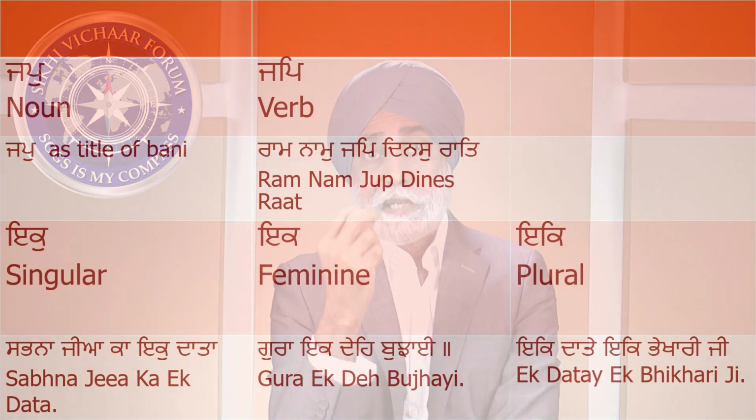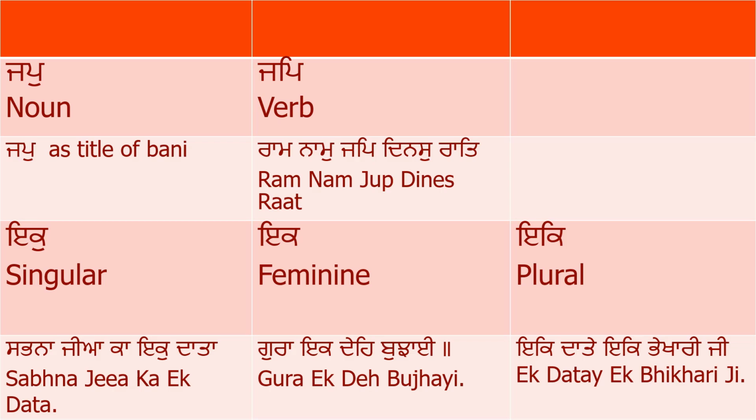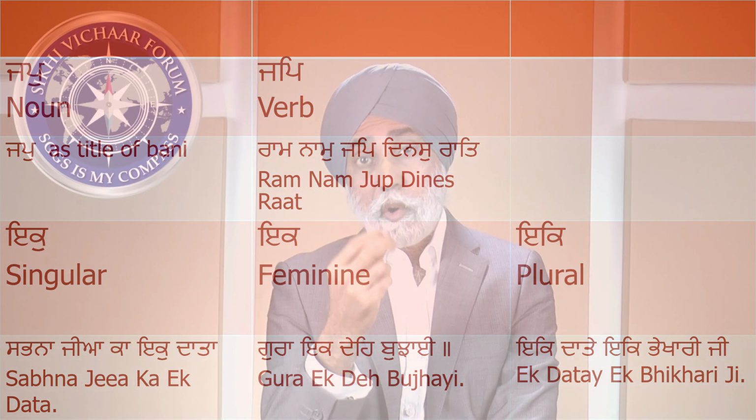In any case, Pyareo, even japa with a sihari does not mean chanting. Japa with a sihari means realizing. Japa is inner realization. In the second row, we have the word ekka with an onkar. The use of the onkar denotes it is being used as a singular noun.